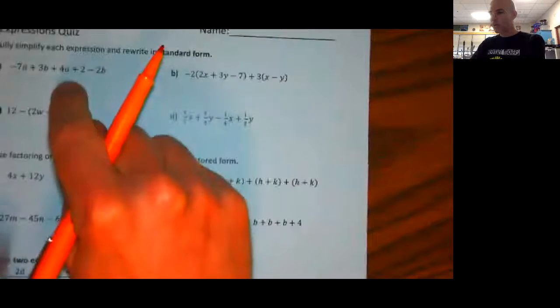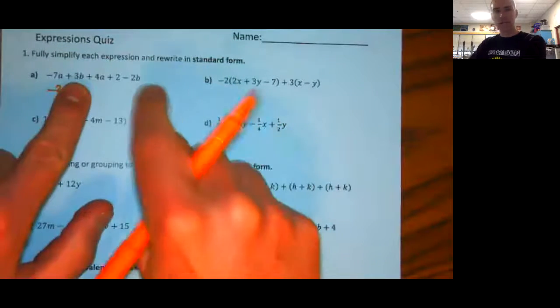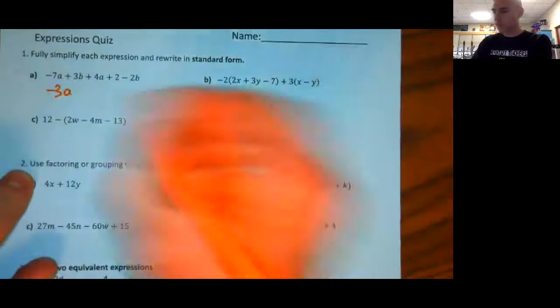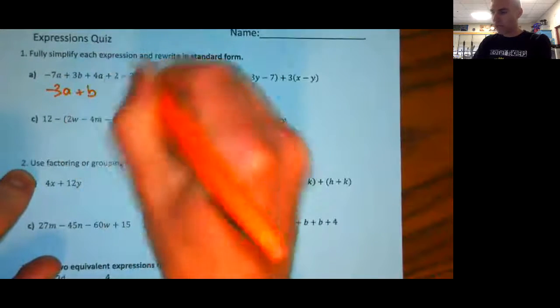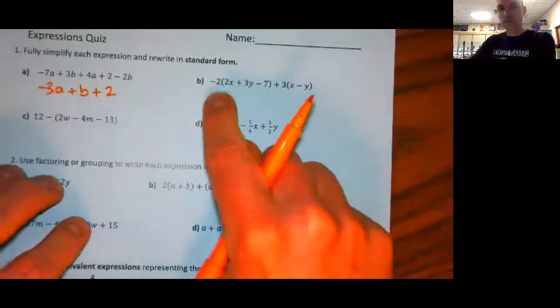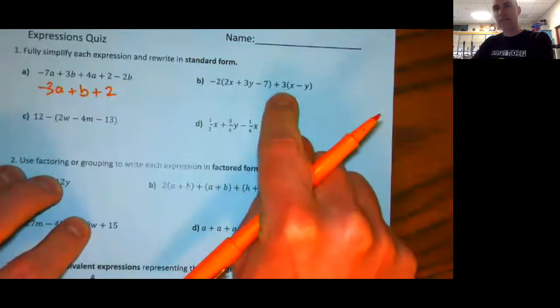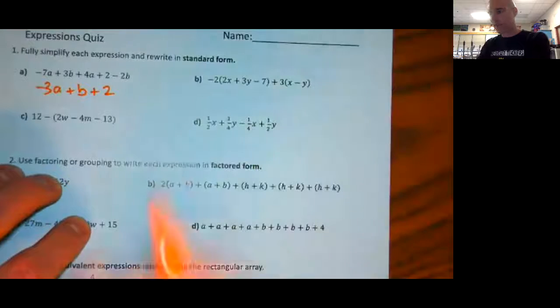All right, so negative 7a and 4a. Let's do negative 3a. 3b and negative 2b gets you 1b. And then you got your plus 2 there. Here you need to distribute the negative 2 into the first set of parentheses, then distribute the 3 into the second set of parentheses, then you can combine all the like terms.